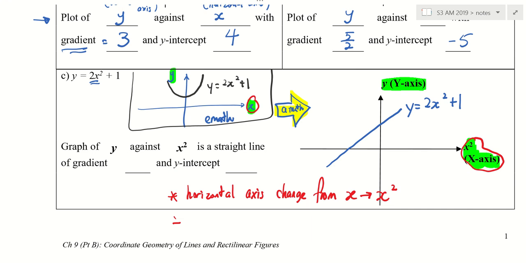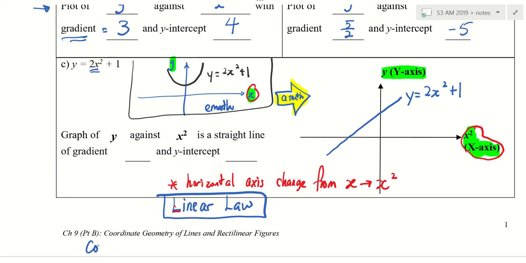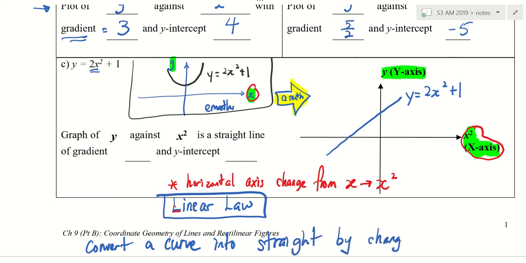So can you write a summary? The name here is linear law. What is linear law talking about? Linear law is talking about converting a curve into a straight line by changing the axis.